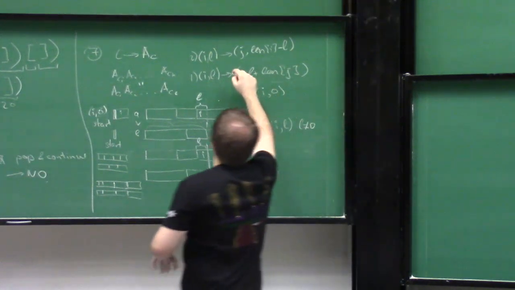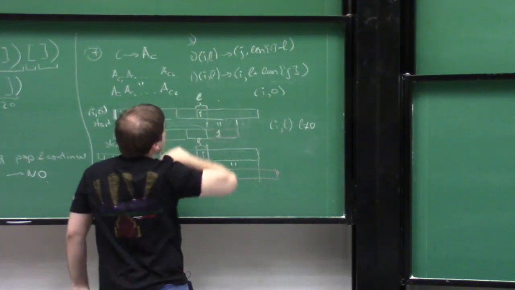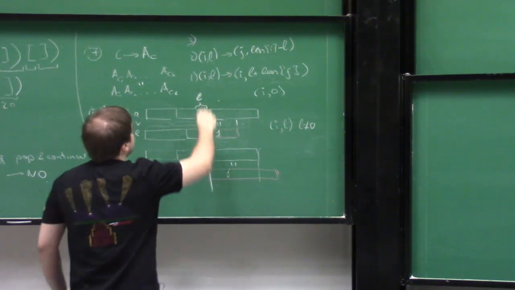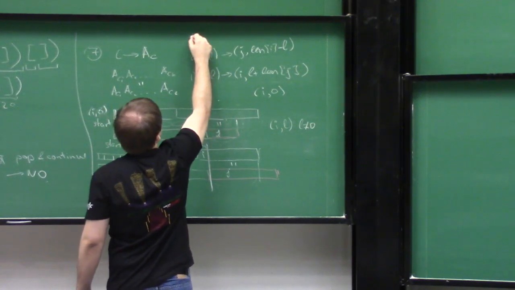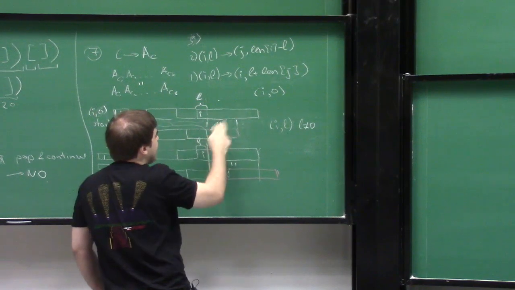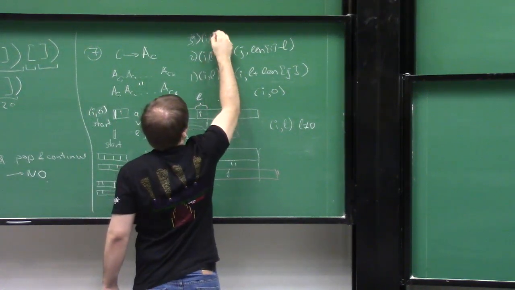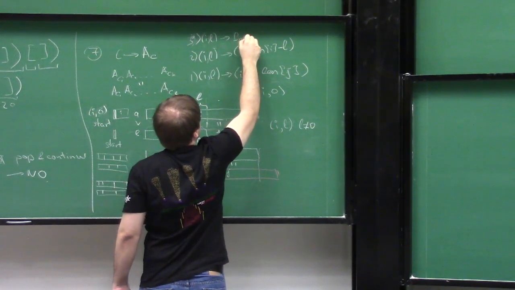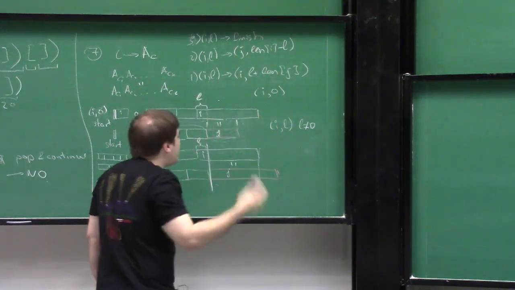Then let's say that we have one more situation, let's say a terminal situation. That is when we move from state I L to the finish. What does finish mean?